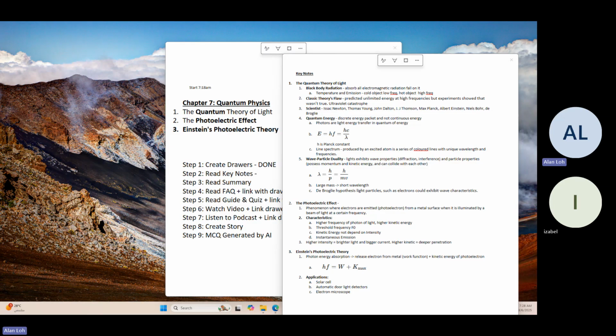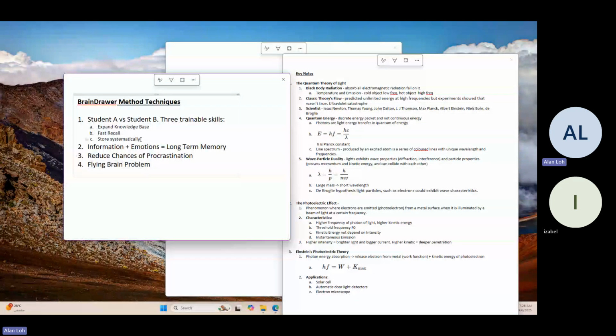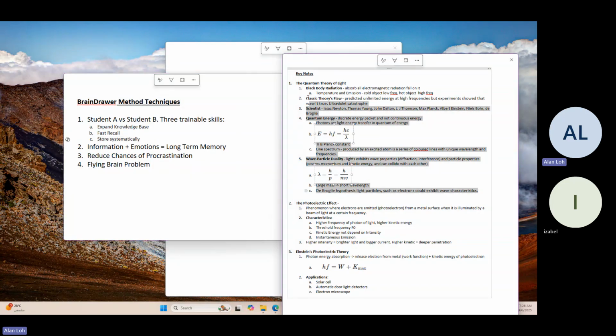Remember this. Store systematically. What does it mean? When you identify new information, you need to know where to store it, right? All these notes are new information for you, I'm sure, because you have never studied quantum physics before.